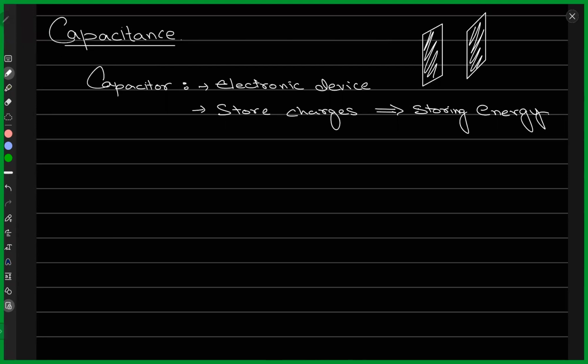And these parallel plates have to be conducting. The plates themselves are conducting, right? If they are conducting, then only they will be able to store charges into them. So they store charges because they're also separated. As you can see, there is some distance between these plates. I'm going to call this distance small d for now.